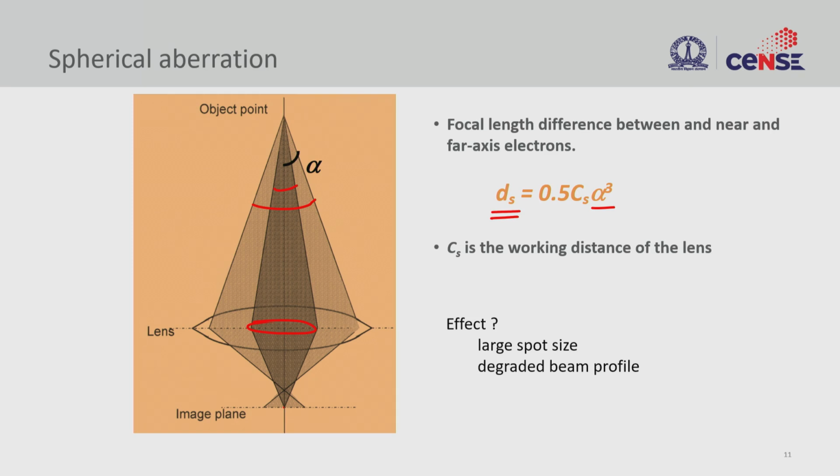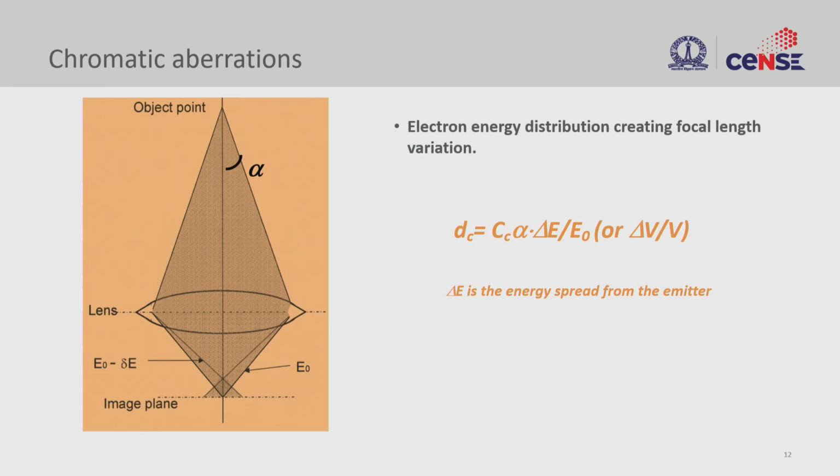If you don't take care of spherical aberration, you will have a very large spot size where you won't be able to focus it well, and you will see a degraded beam because the beam is not focused. It is very broad, and also your current will be low as well. So this is spherical aberration. And the next thing is chromatic aberration. Chromatic aberration comes from the variation in the energy from the source itself.